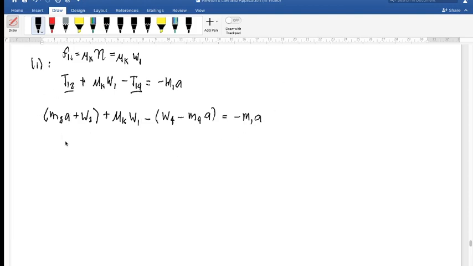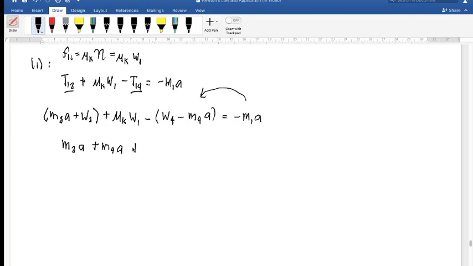Okay, so we just have to put together all the terms with a. So we have m2a, then we have here negative times negative, positive. So this becomes positive m4a. Then we can put m1a on that side, and all of the terms without a we put on the other side of the equation.